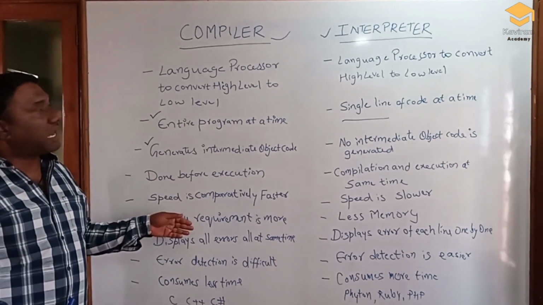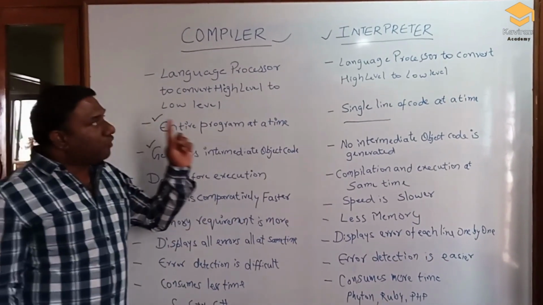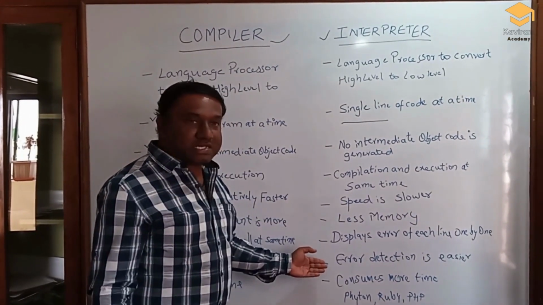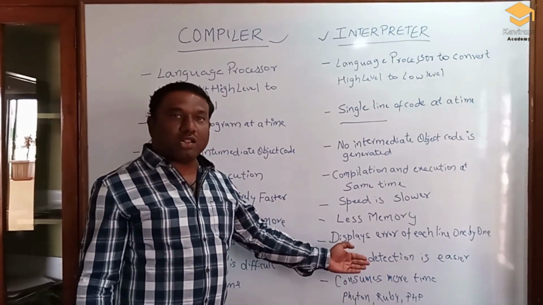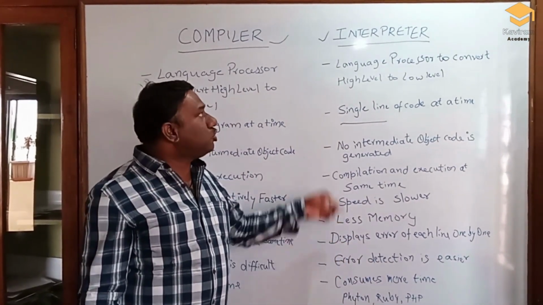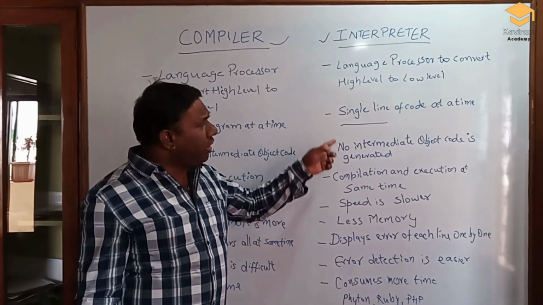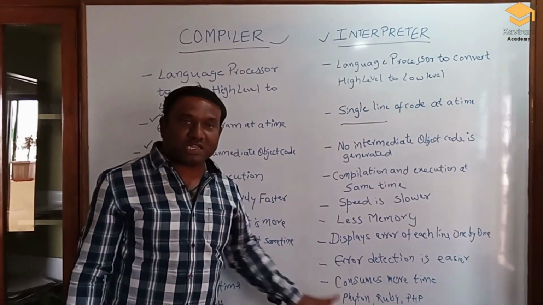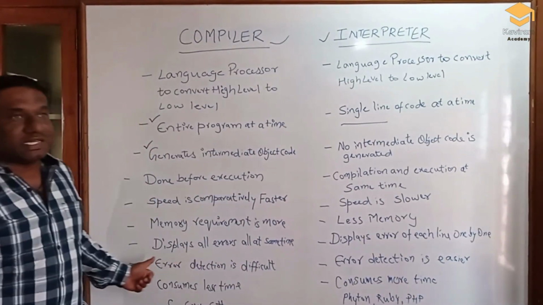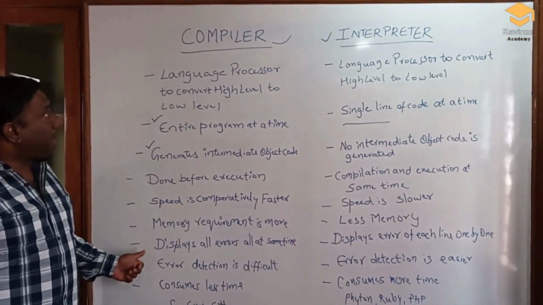All these programming languages use a compiler, whereas programming languages like Python, Ruby, PHP, all these popular programming languages use an interpreter. So no intermediate code or object code is generated when you use these programming languages. Whereas here we use a compiler.